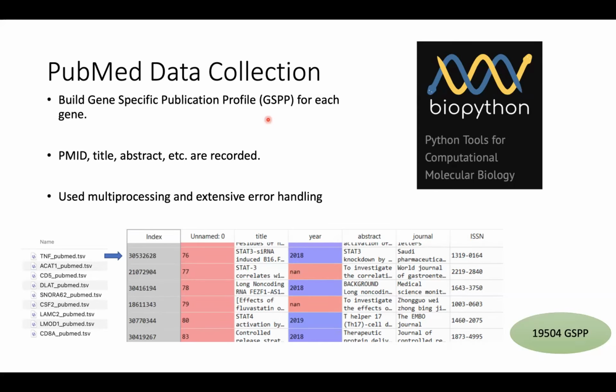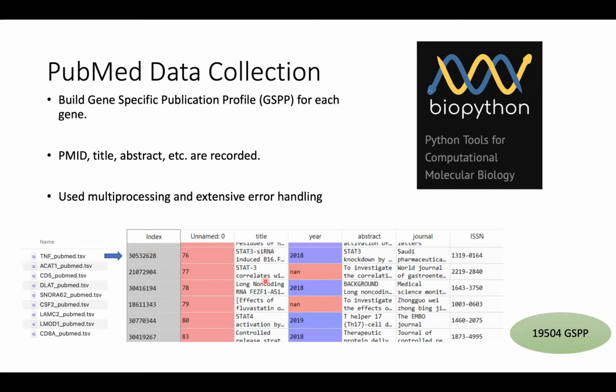The profile we build is called the gene-specific publication profile. Basically, what I'm talking about with GSPP is a set of CSV or TSV files, which includes a list of the publications. For each publication, we only collect the title, abstract, and some other basic information like the PMIDs. And we only analyze the title and abstract in our study.